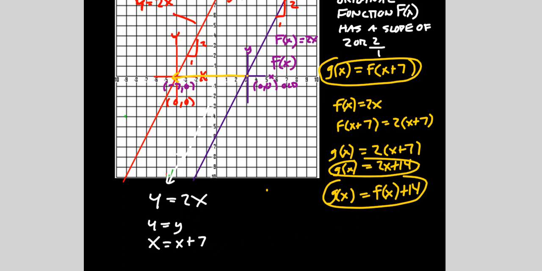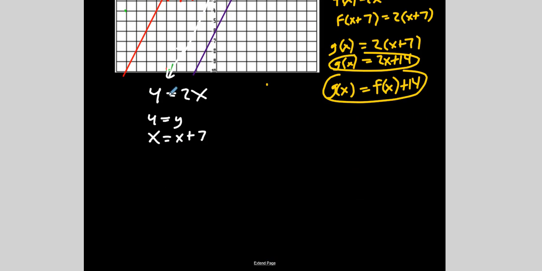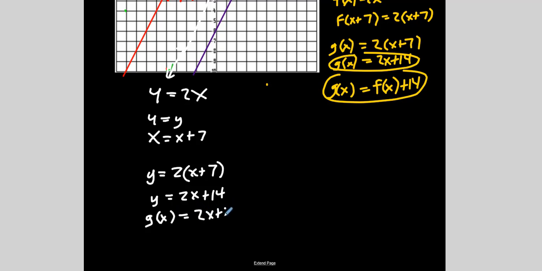So now, substituting into this, we have little y equals 2 quantity x plus 7. So y is equal to 2x plus 14. Okay, but y is also g of x here, so we have g of x is 2x plus 14. So that's one of our ways.